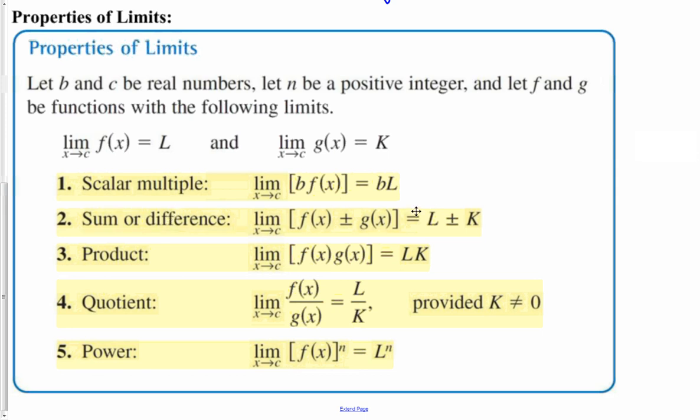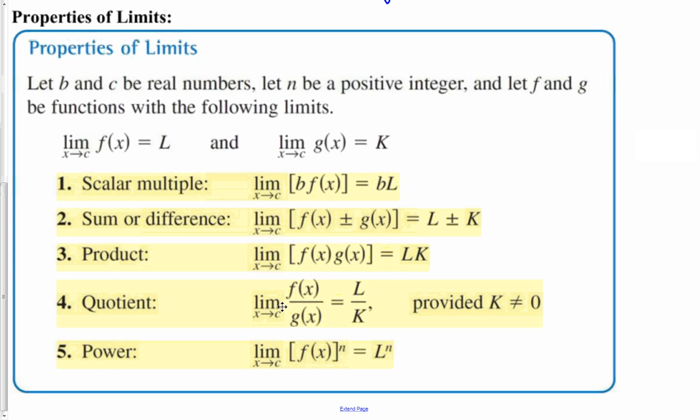Sum or difference. What if we added the limits together, right? We're going to get L plus K, right? As x goes to c of f of x plus g of x, we can add them or we can subtract, right? Plus or minus means plus we would add them, minus we would subtract them. If we multiply, we can multiply them. That's the next part, product.